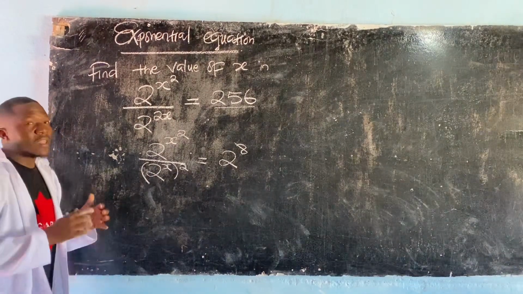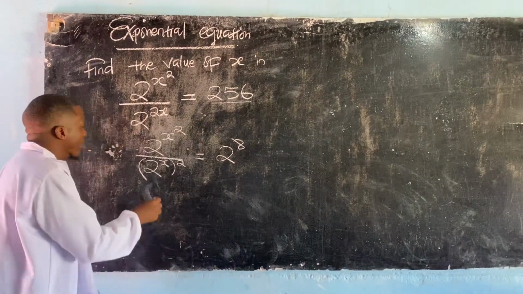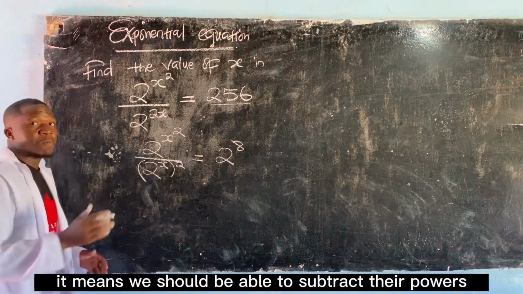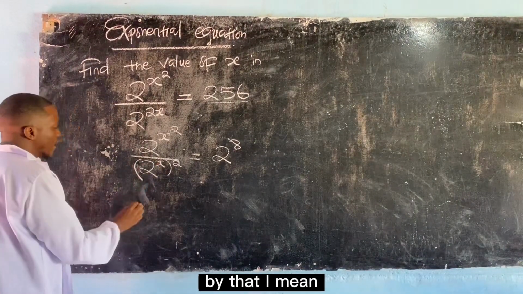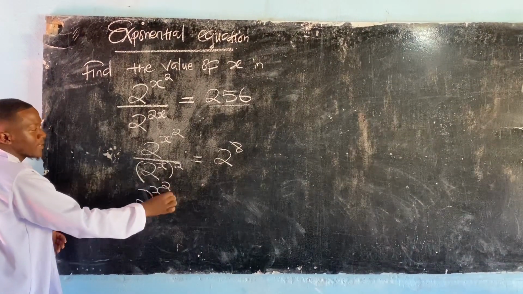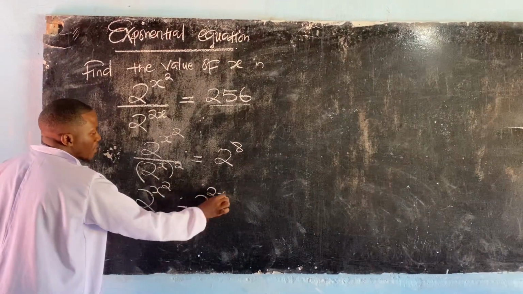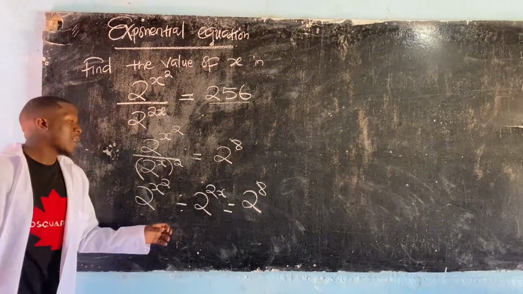Under the laws or rules of indices, if we're dividing indices of the same base, it means we should be able to subtract their powers. By that I mean 2 to the power x squared divided by 2 to the power 2x is equivalent to 2 to the power 8.